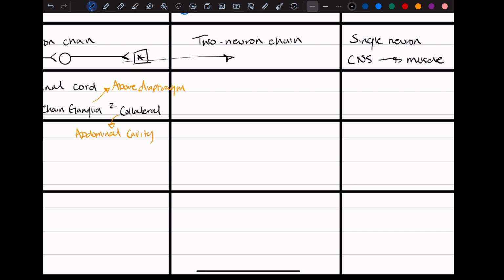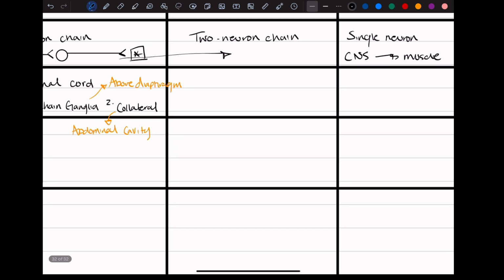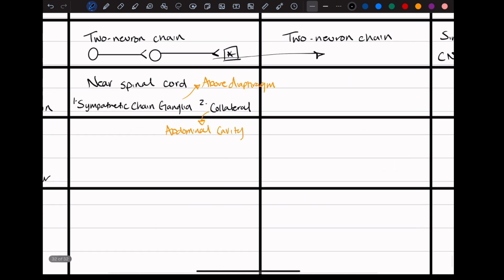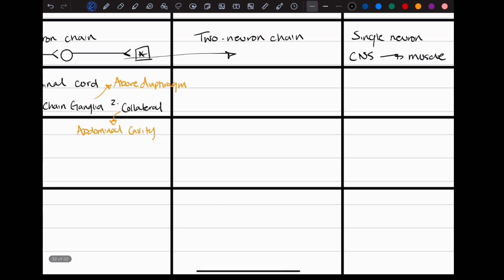Okay, in the parasympathetic division, this is going to synapse near, or you can say within, the targeted area or organ.